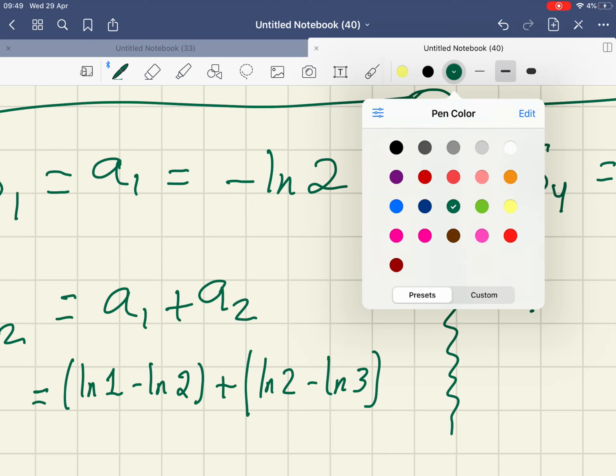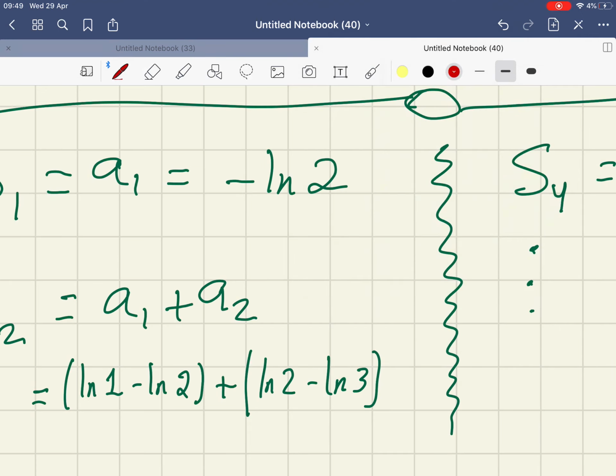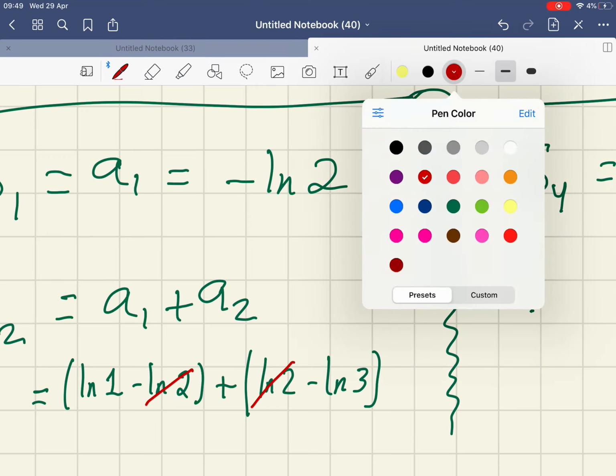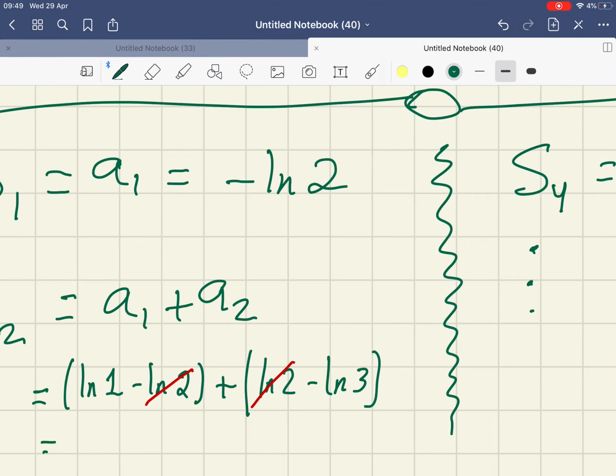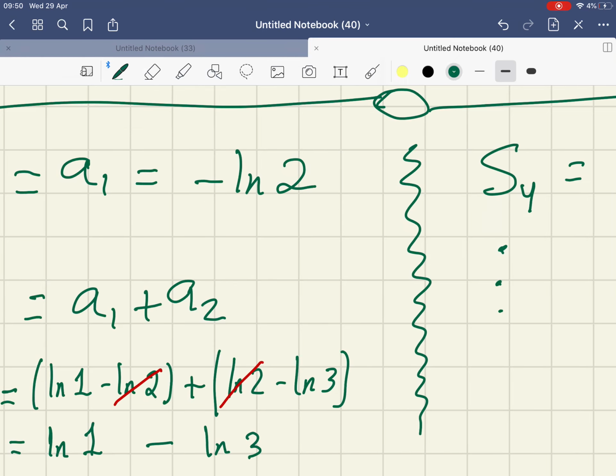We can see that there will be a cancellation between ln 2 and ln 2, and the only terms that will survive are the first one minus the last one. The idea is that the first and the last survive. That's S2.